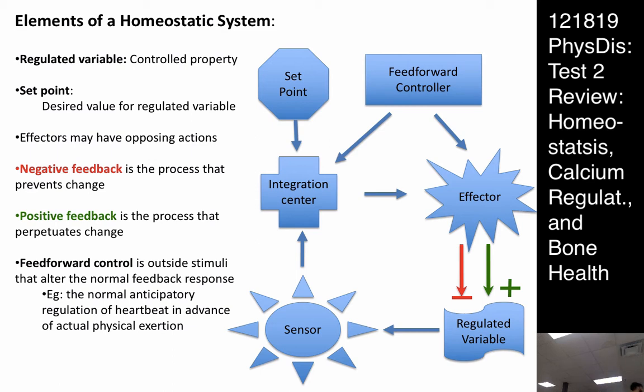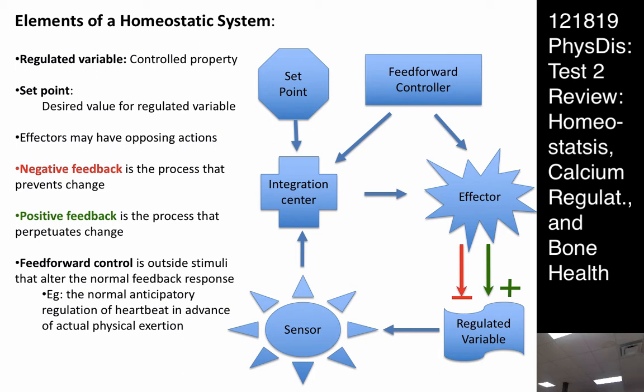And that can be anything, any kind of physiological variable: body temperature, blood sugar, the amount of carbon dioxide in your blood, any sort of thing that's measurable in your body is likely to be some sort of regulated variable. Something that's measurable that can fluctuate is going to be some kind of a regulated variable.